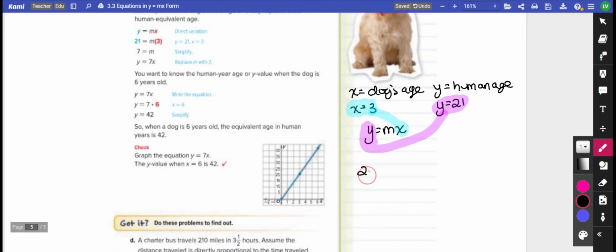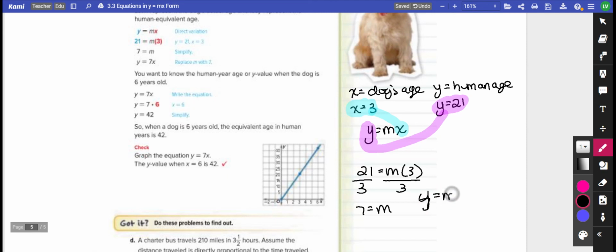So 21 equals m times 3. I'm going to divide both sides by 3 to get my variable m by itself. 21 divided by 3 gives me 7. 7 equals m.